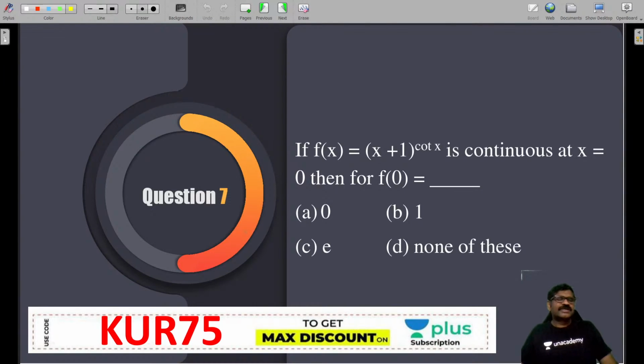Now, if f of x equal to x plus 1 power cot x is continuous at x equal to 0, then f of 0 is. In this problem, given that the function is continuous at x equal to 0.